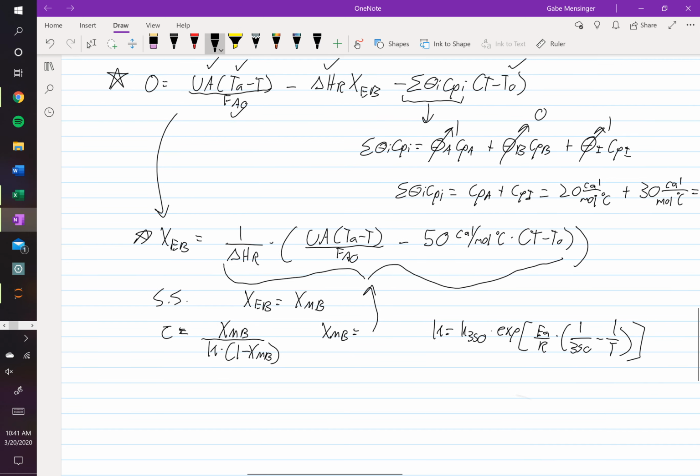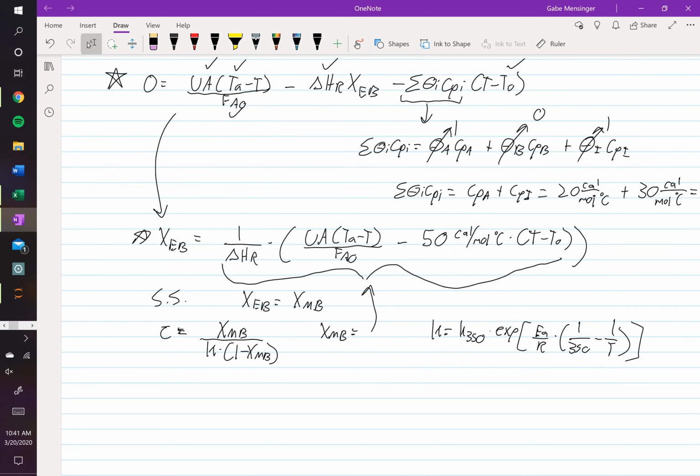And I can show you guys how to solve that. This is a problem I highly recommend doing in Excel, and you'll see why in part B.